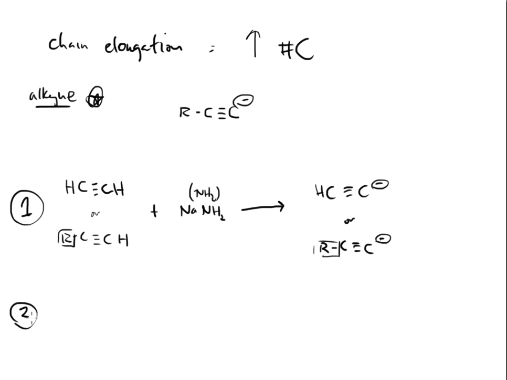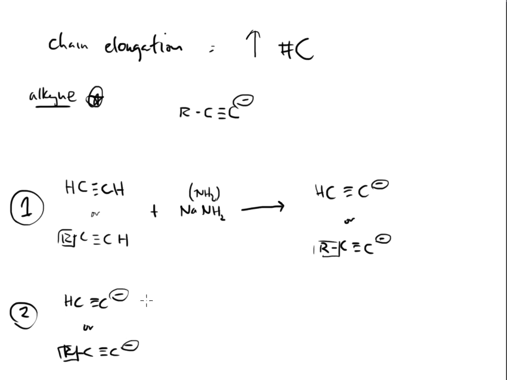So if I could take that piece, whatever that piece is, maybe it's a terminal one still like this one, or it could be this R group that carbon's carrying around with it. That's not a problem, just a little extra baggage. It's okay.